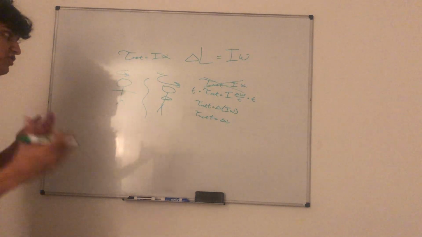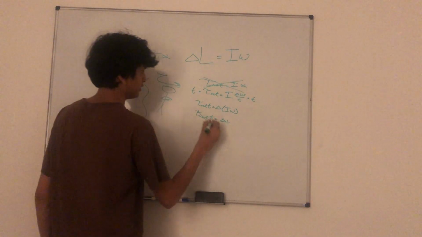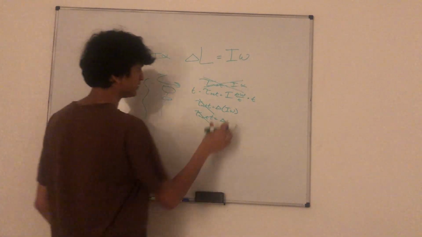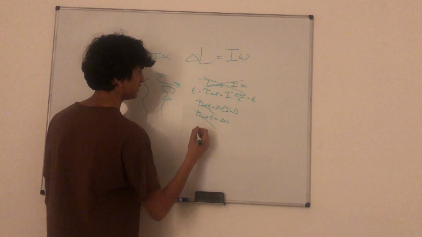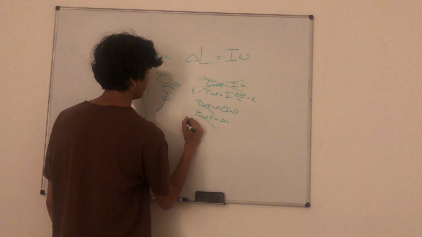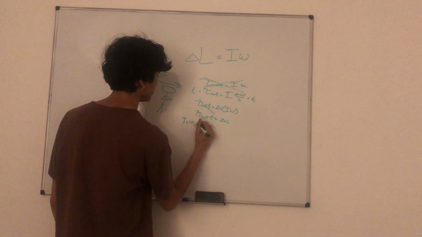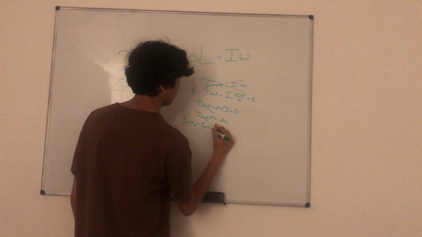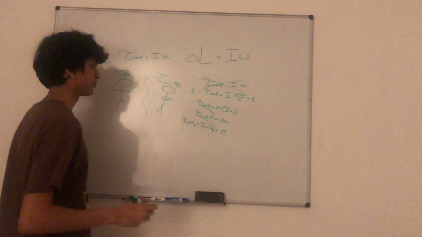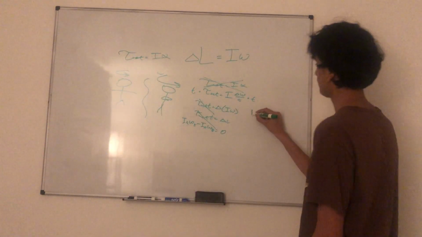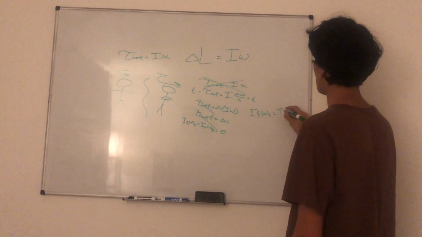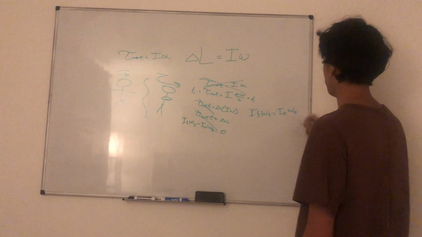So if there's no net torque, your change in I omega is zero. That means I final omega final minus I initial omega initial equals zero. Therefore, I final omega final equals I initial times omega initial.